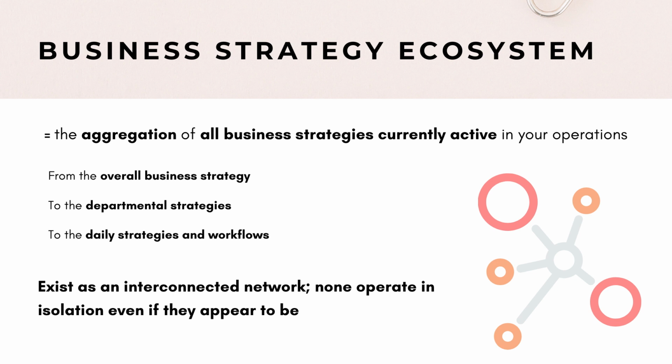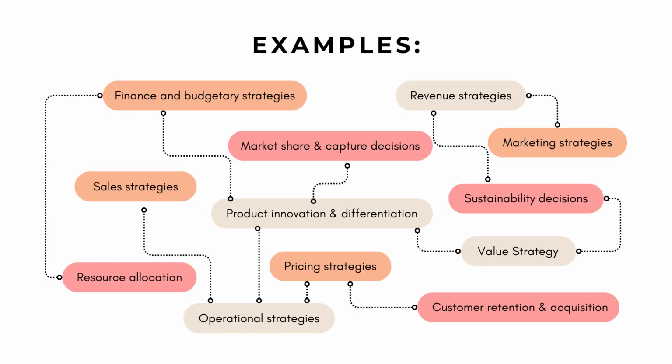That is to say that none of them operate in isolation, even if it looks like they are. And I've included on the screen, if you are watching on YouTube, an example or a series of examples of how these business strategies and all these operational strategies can be interconnected with each other. However, if you are listening on your preferred podcasting platform, this diagram will be included in the show notes.